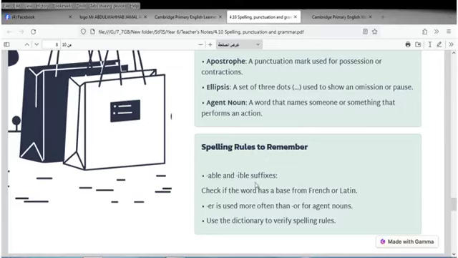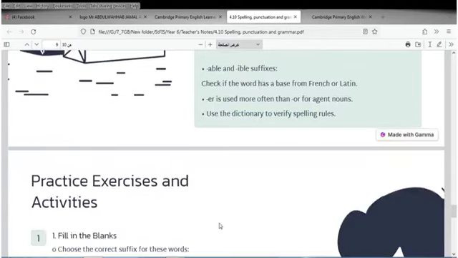Able and IBLE are suffixes. Able is for French, while IBLE is for Latin. ER and OR, they are making agent nouns. The recommendation is to use the dictionary to verify, to make sure to check the spelling rules all the time.